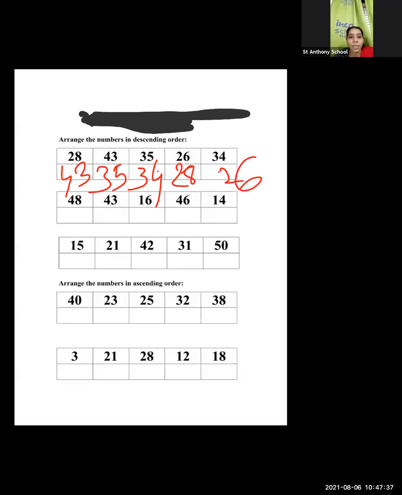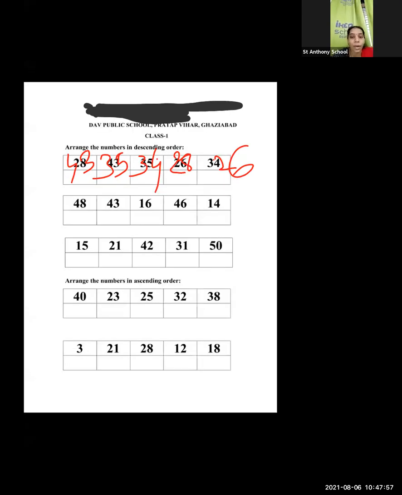This way we come to know the numbers in descending order. For descending order, we start from the biggest number and reach towards the smallest number.